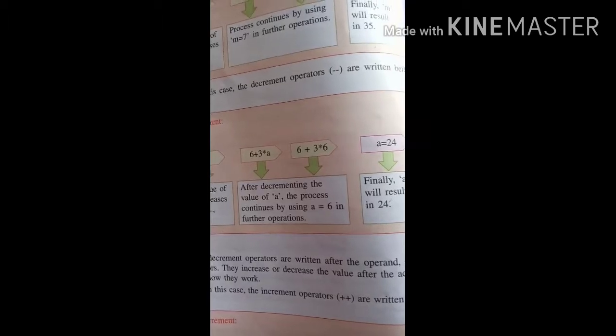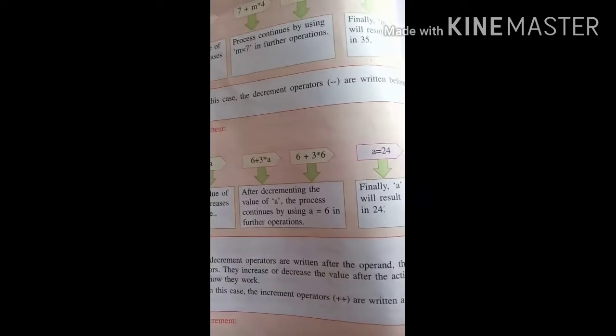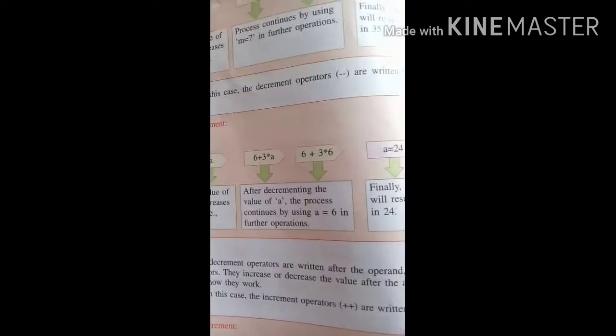Now we have to understand this increment decrement operator in postfix. So first, postfix increment: in this case they increase or decrease the value after the action has taken place. Here when the action takes place, then only postfix ++ will increase the value and postfix -- will decrease the value.